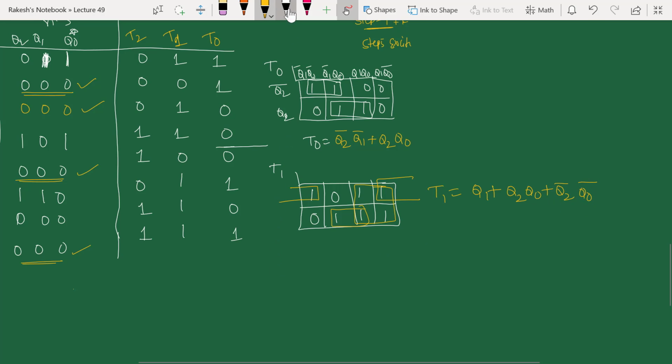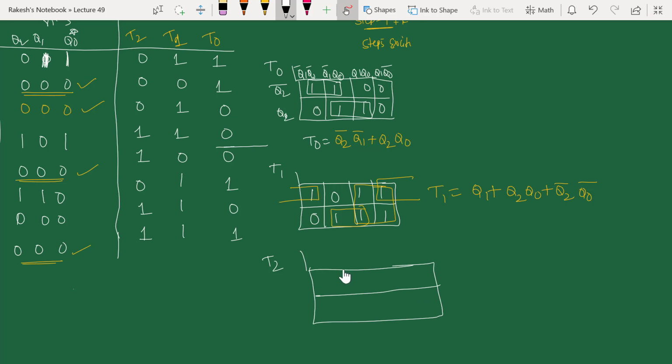And similarly, if you write it for T2, so 0 0 1 1 0 1 1, this is going to be one pair, and this one is going to be one pair. So in this case your T2 will be Q1 Q0 plus, if you take this as a pair, Q2 times Q0 bar.